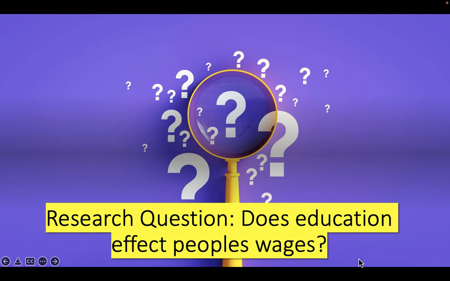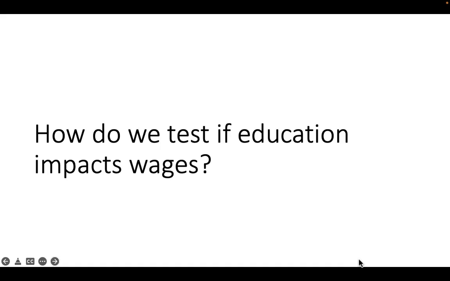Now, in order to answer this question, and remember that we are trying to be scientific and rational about it, we want to be data driven when it comes to making conclusions. How do we go about testing this?